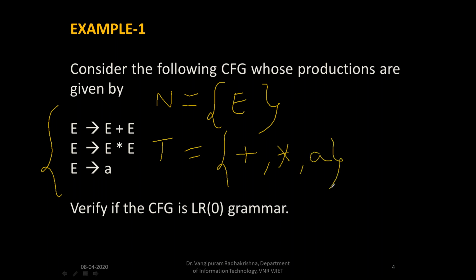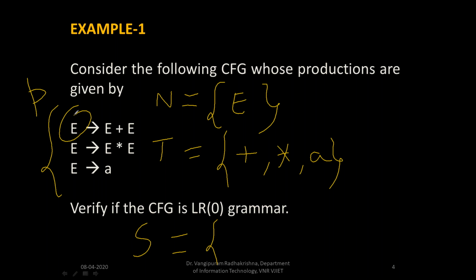There are three terminals and one non-terminal. This would be the production list, and the start symbol for this grammar would be the symbol present on the left-hand side of the first production.